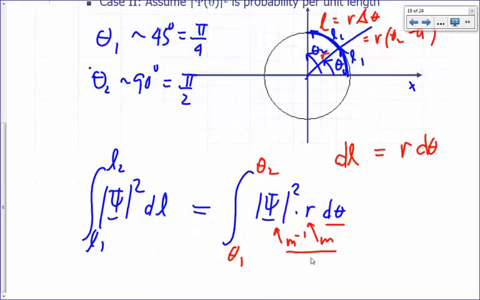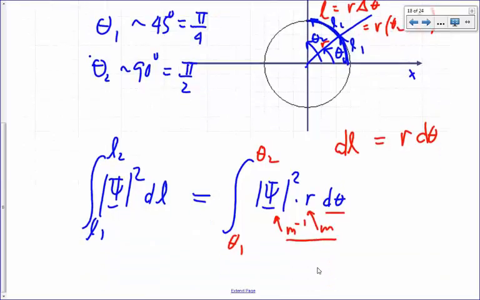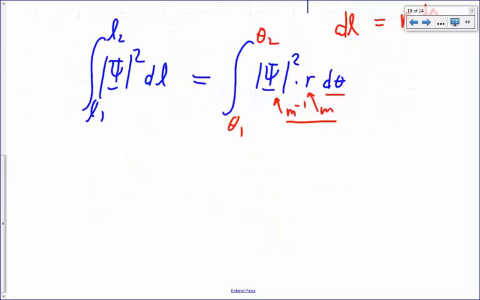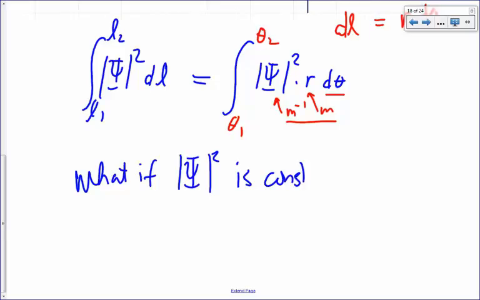Okay? Now, what would happen if psi is constant? What if psi squared is constant? Then, over the entire circle, can we calculate what the absolute value of psi squared is?